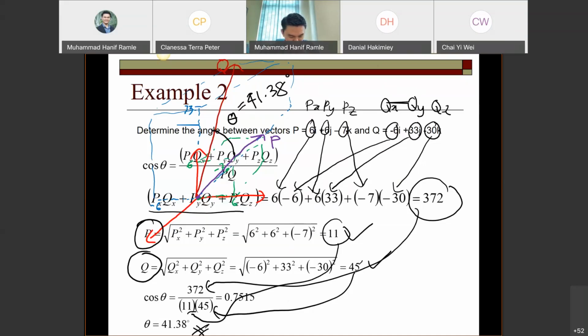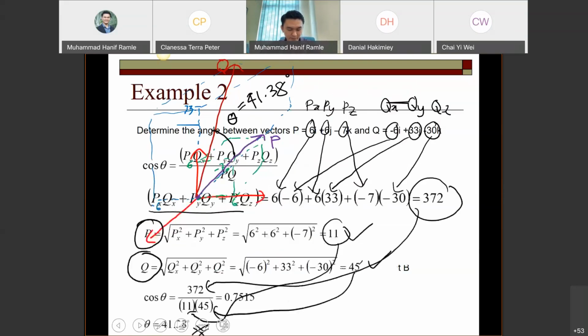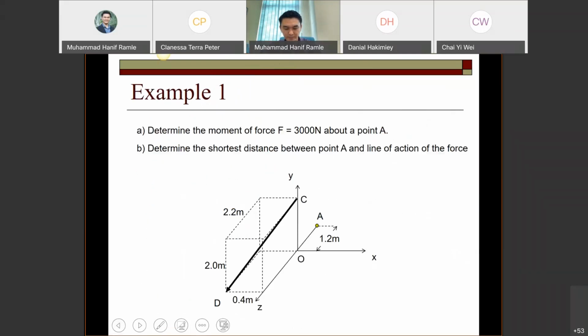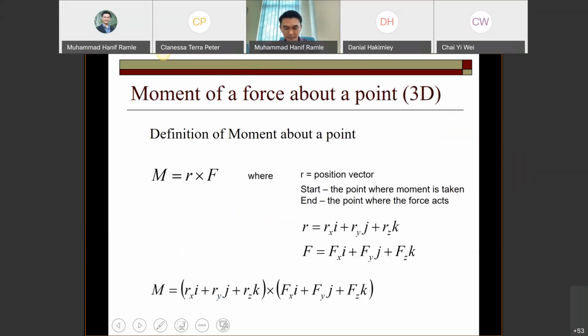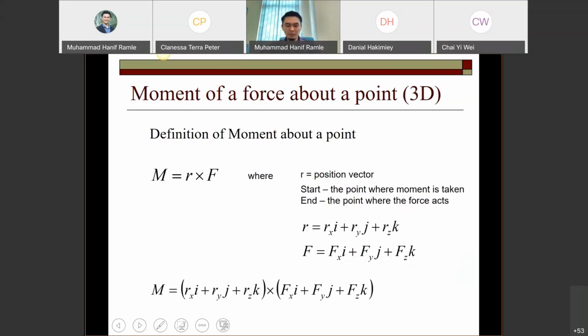Okay, so let's proceed to the next slide, which is moment of force about an axis. If you want to determine a moment of force about an axis, you have to use dot product. About an axis and about a point is different. Last week you learned moment about a point, using the right hand rule and cross product.